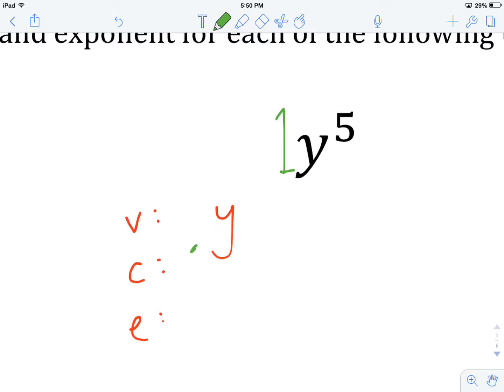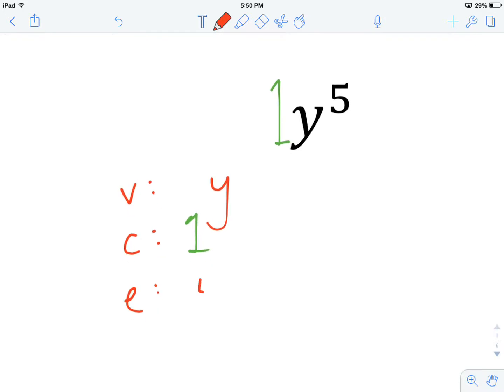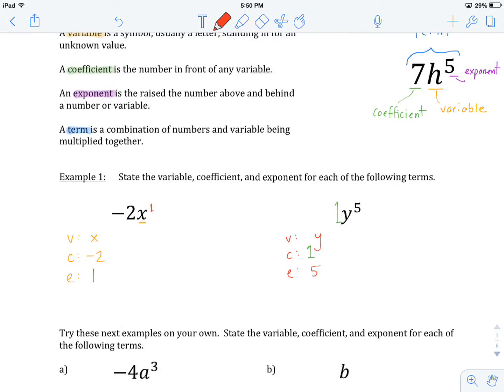So we're going to put a 1 in there as our coefficient. And our exponent, sitting up there, raised above and behind the variable, is going to be 5 in this example. So again, for that term, y to the exponent 5, our variable is y, our coefficient is 1, and our exponent is 5.